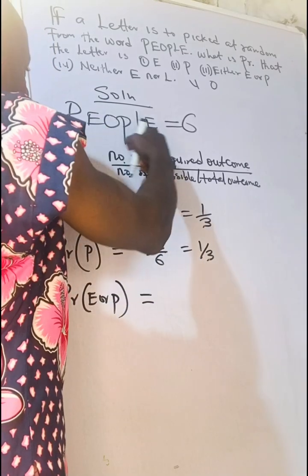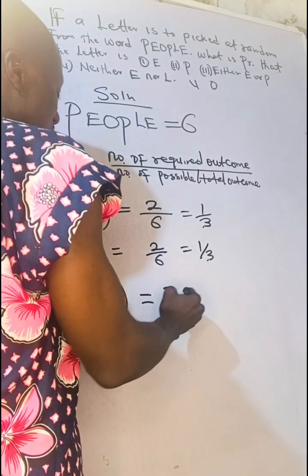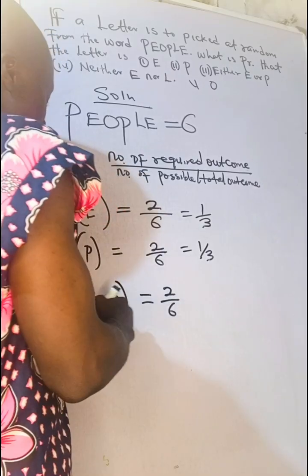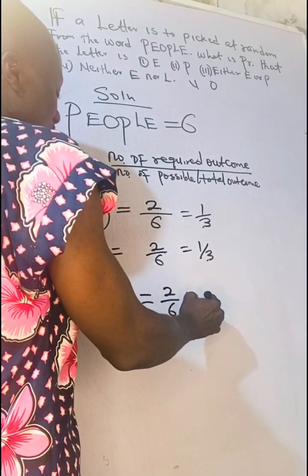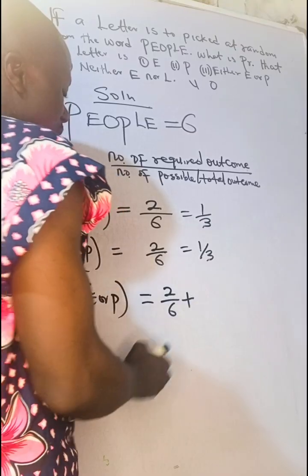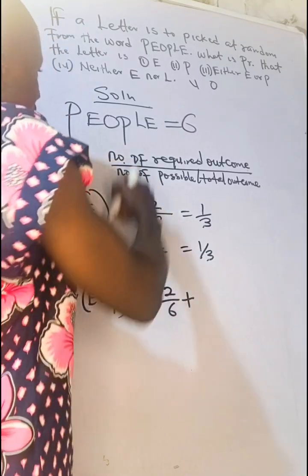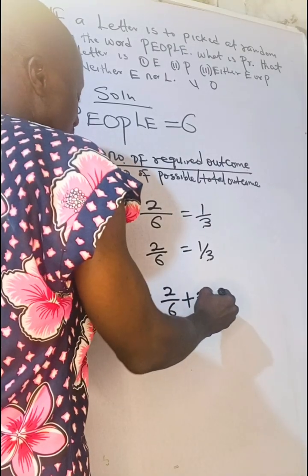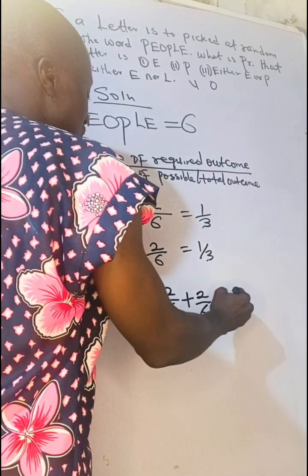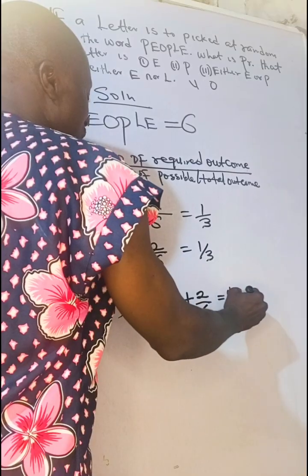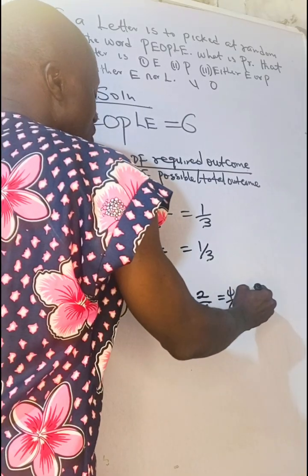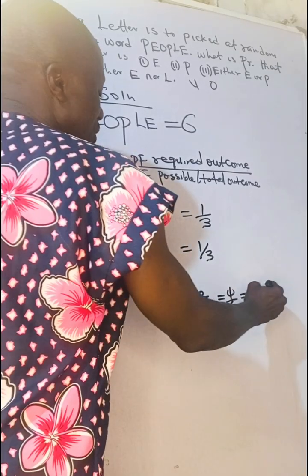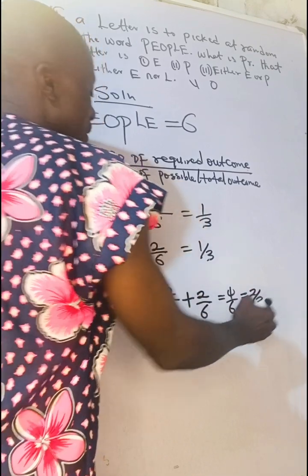So because of that, we are going to use addition. We have 2 letter E's here, which is 2 over 6. Then, or, I will use the addition sign. Then 2 letter P's on the other hand, I have it the same way. So this is the same thing as 4 over 6, which will give us 2 over 3.